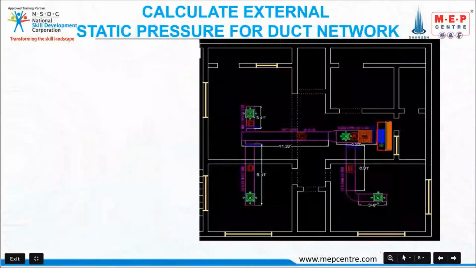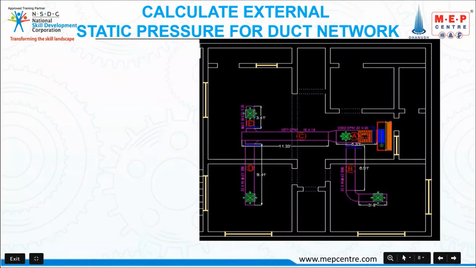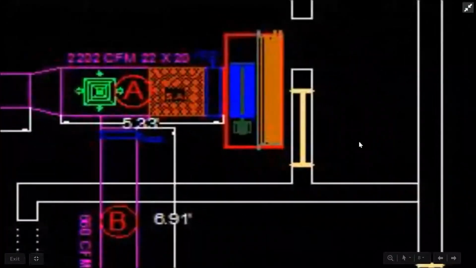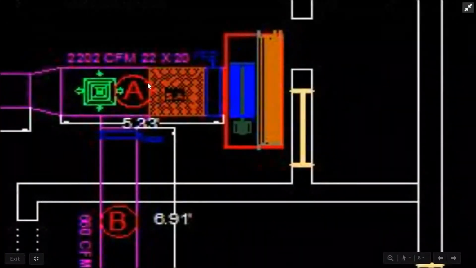Next, this is the drawing we have taken. Flat 1, flat 2, if you have drawn, you are able to see this type of layout for flat 2. In this I'm calculating the static pressure. I'm repeating once.